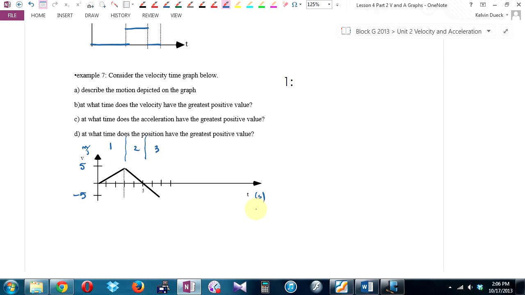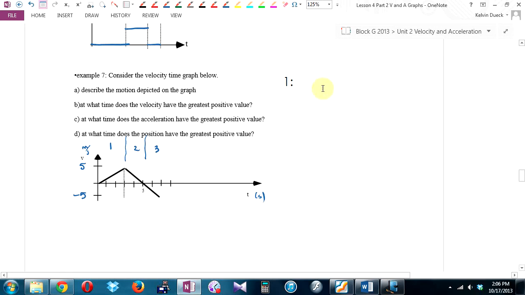We'll live with it. Hey, how fast are you going at time 3 seconds? One, 2, 3 seconds right there. I think 5. So, do you want to retract your statement? You said steady speed.